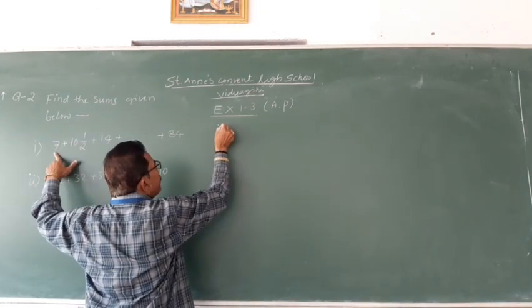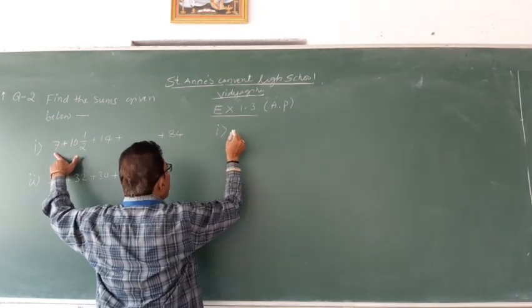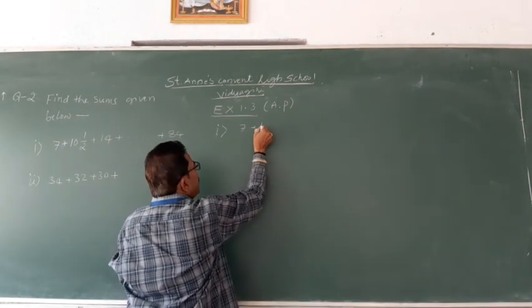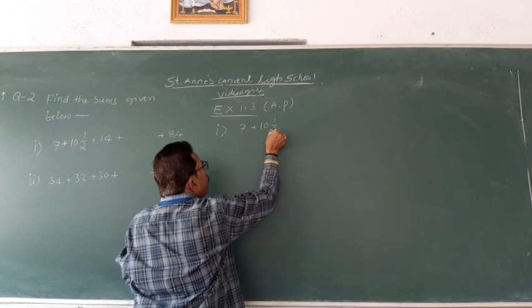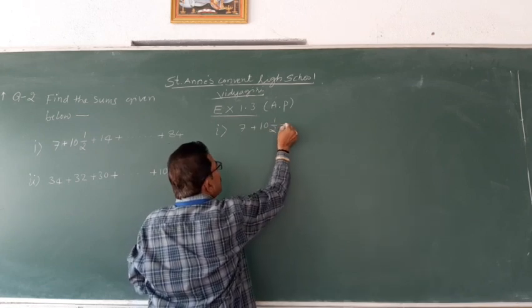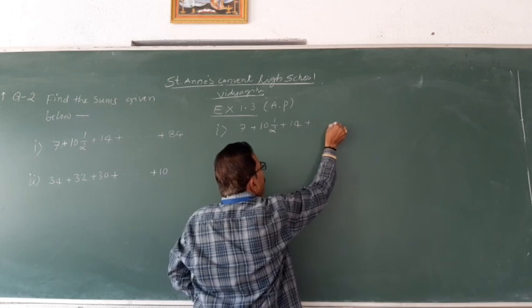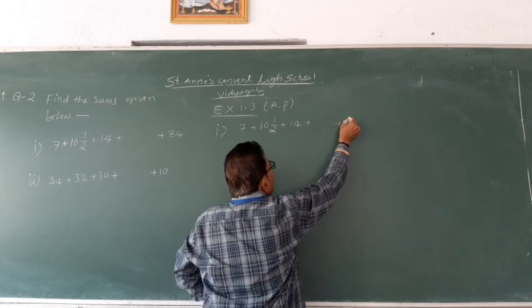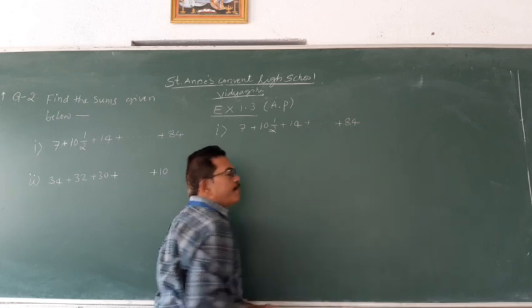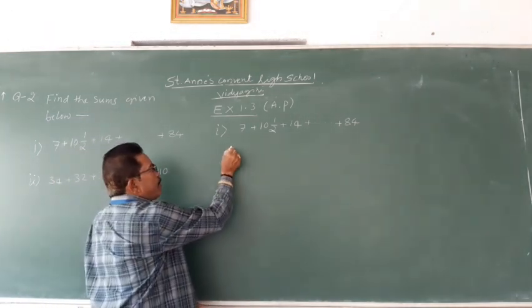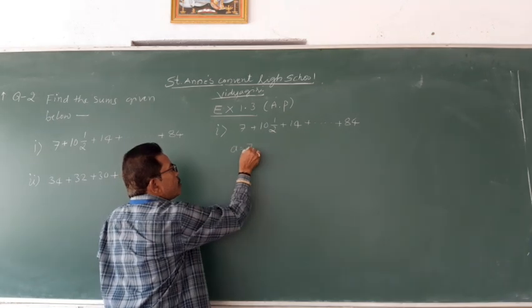First one: 7 plus 10 and 1 by 2 plus 14 plus continuation plus 84. See the method carefully. First term a equals 7.